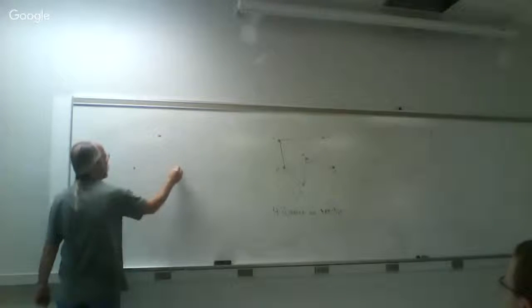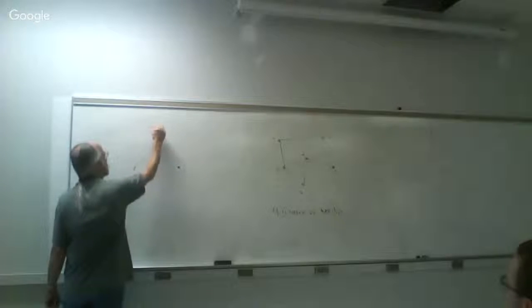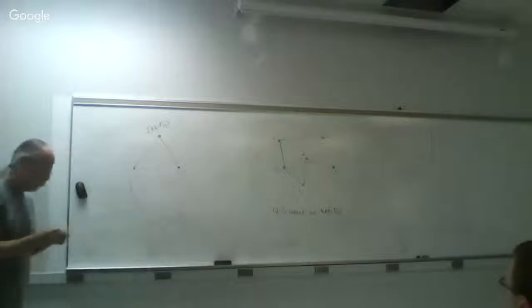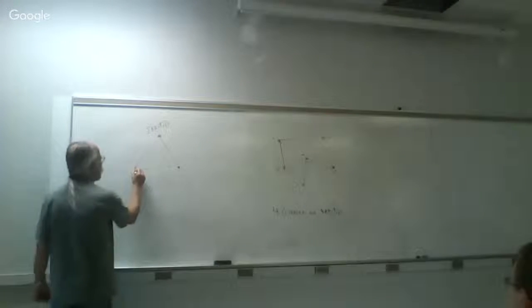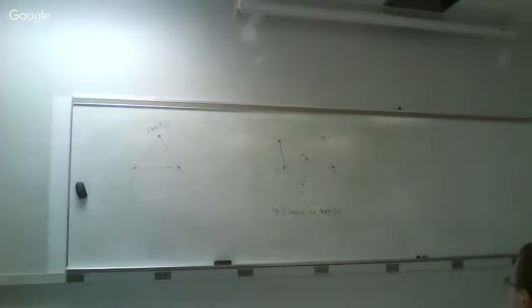So we've got an ear sticking out on a simple polygon, the tip of the ear on the simple polygon. That means that the diagonal that goes between your neighbors is actually a diagonal of the polygon.